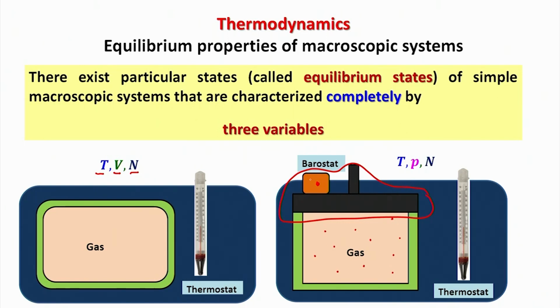If you allow the system to establish a thermal and mechanical equilibrium with the thermostat and the barostat, then how do you define the equilibrium state of the system?